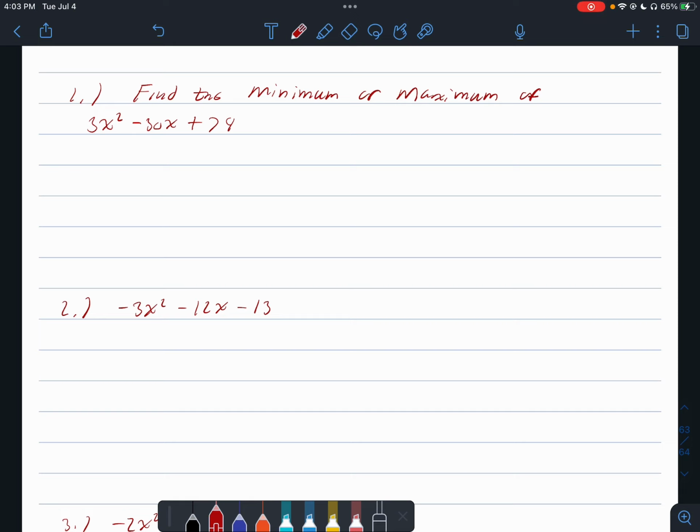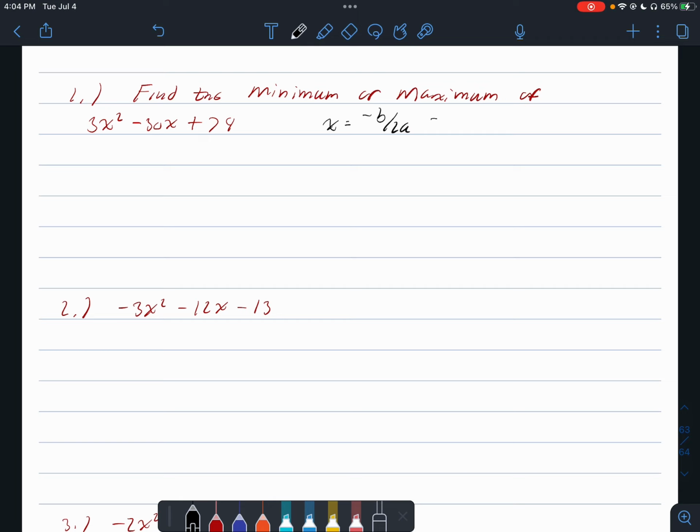Let's take a look at this first example. We have 3x squared minus 30x plus 79. To do this, we're going to find the x component of our vertex. And the x component of our vertex, remember, is given by x is equal to negative b over 2a.